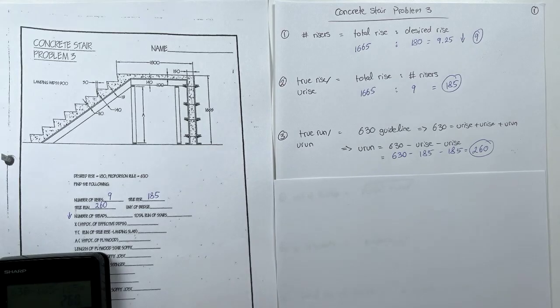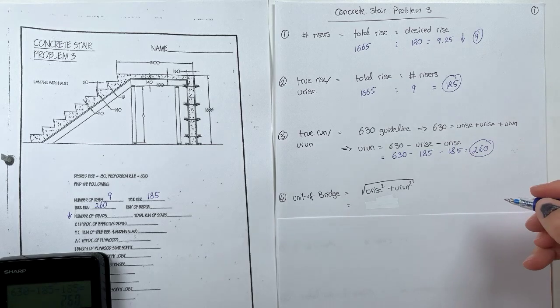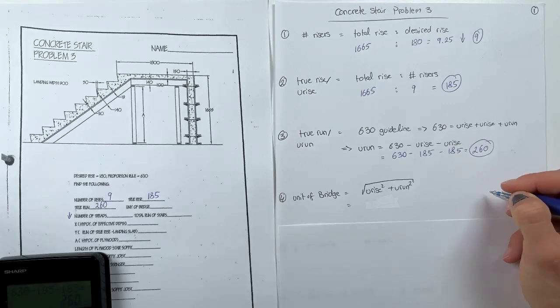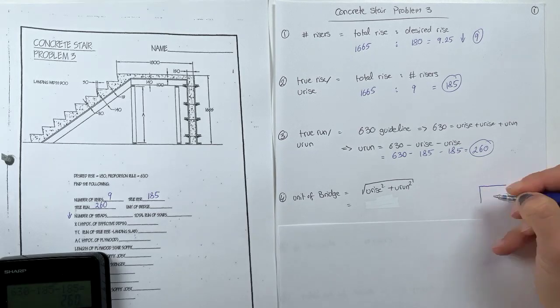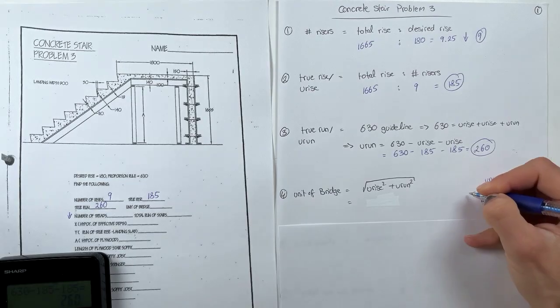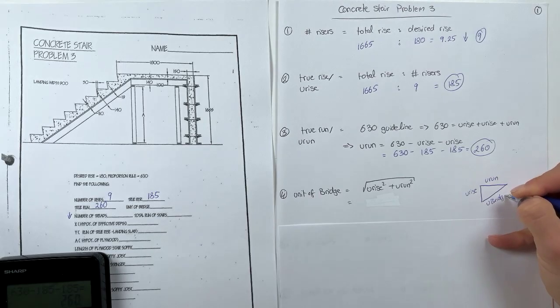Excellent. Unit bridge. So the unit bridge is Pythagorean theorem. So in our triangle, however you want to draw this, it doesn't really matter. But if we have our unit run, our unit rise, we have our unit bridge here. Right?